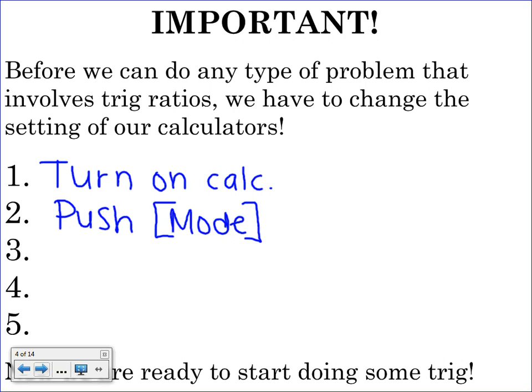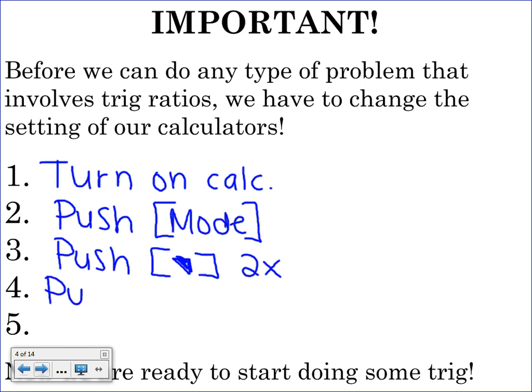And then third thing, we push the down arrow 2 times. The down arrow, the arrow keys that are in blue. Then we're going to push the right arrow key just once. And then we're going to hit the enter button.